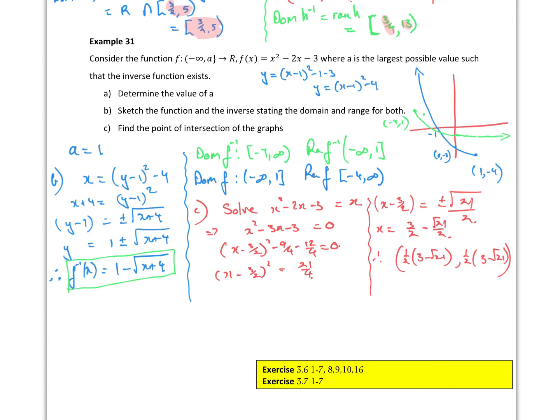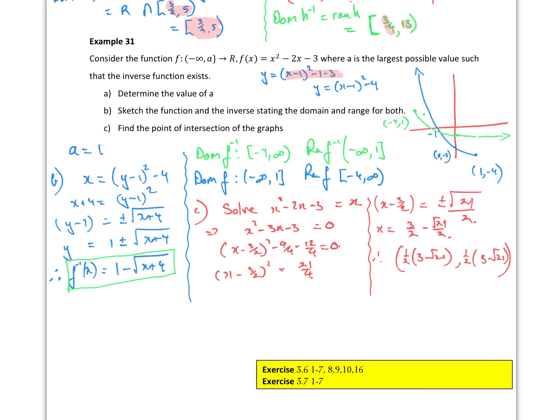All right, so consider the function f defined between negative infinity and a, mapping onto R, where f of x equals x squared minus 2x minus 3. a, again, is the largest possible value so that the inverse exists. So again, we need the function to be 1-to-1. You can see up here straight away, I've decided to complete the square on that function, just to help find that turning point.